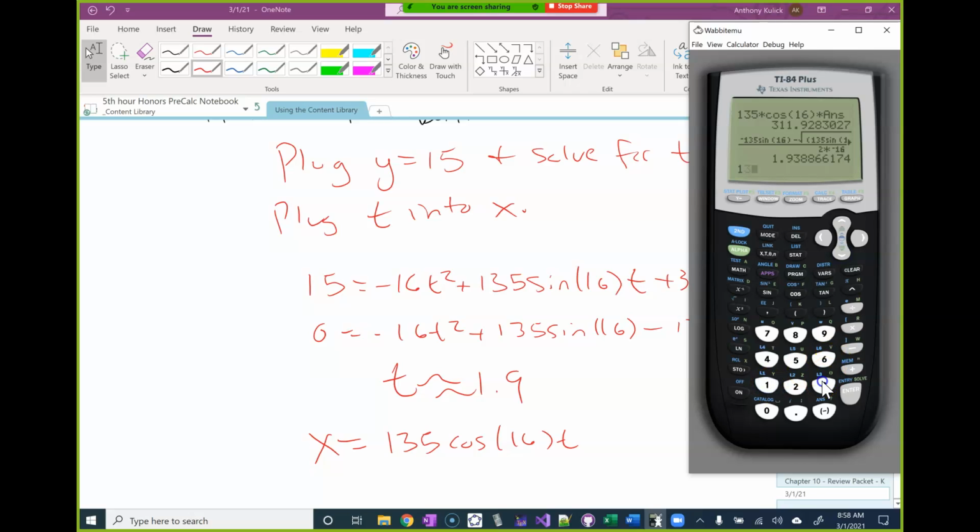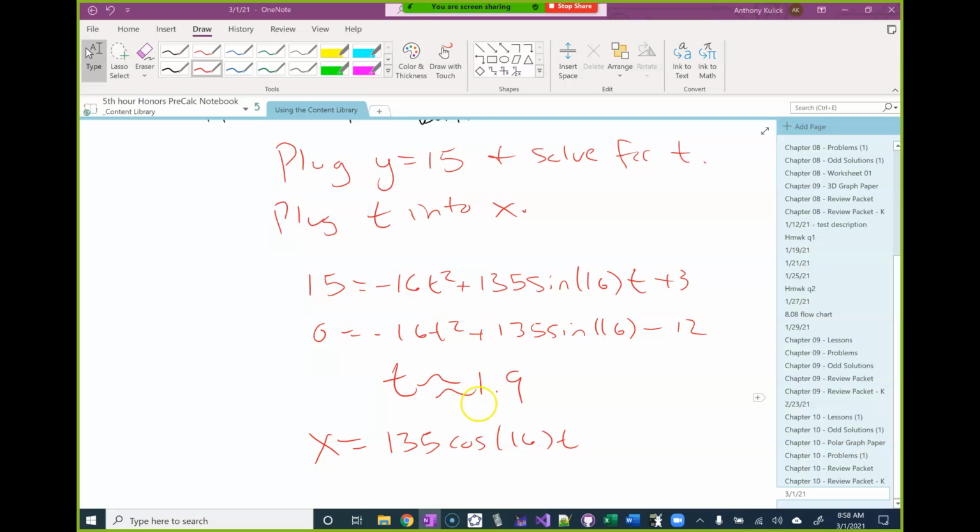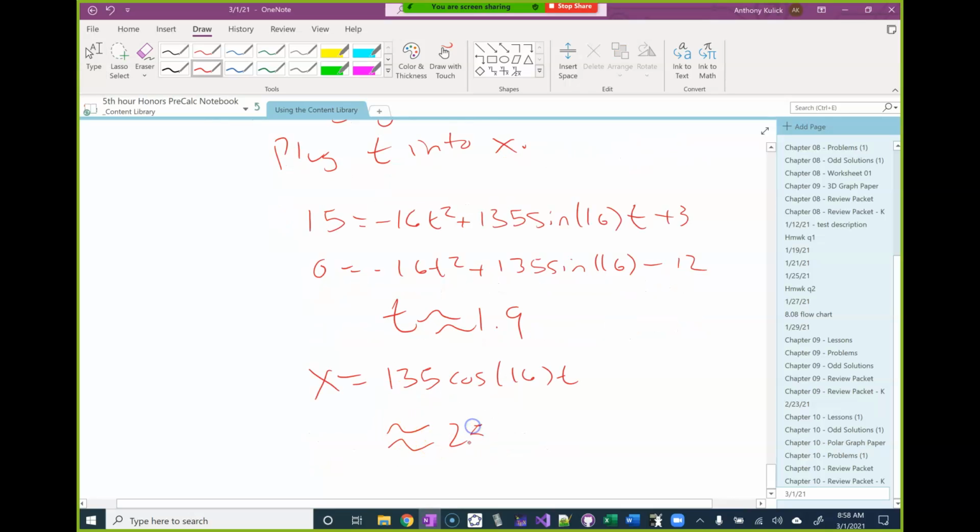There we go. So about 251.6 feet. What do you guys think?